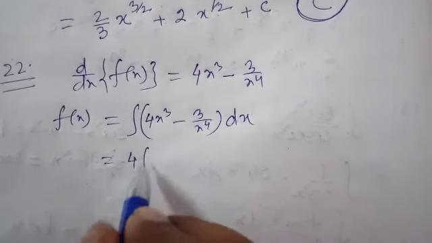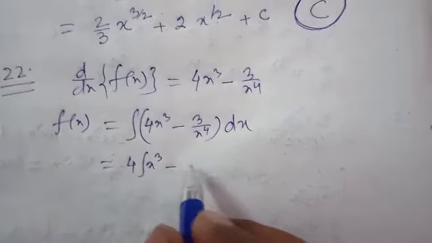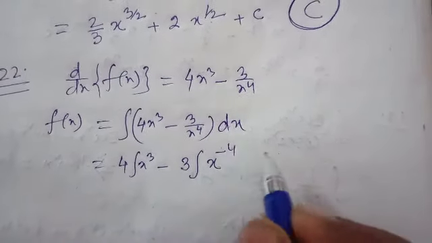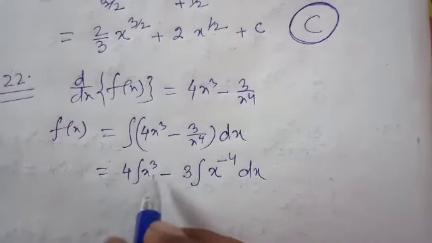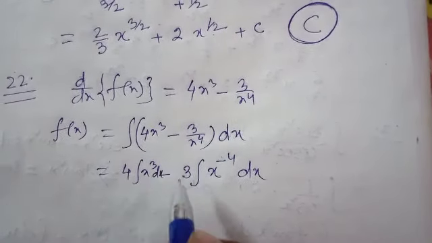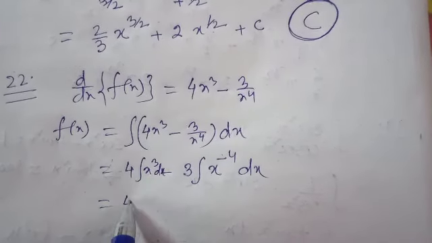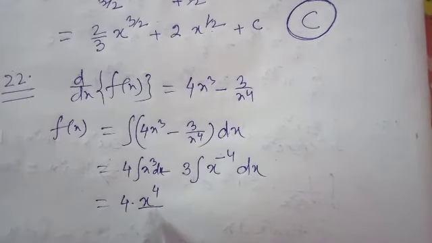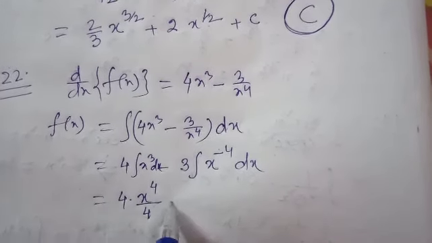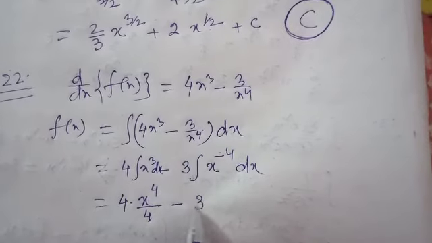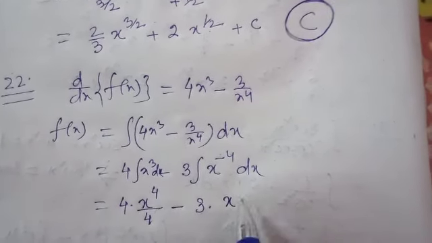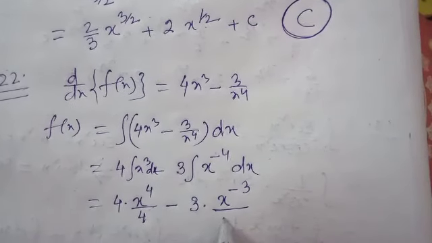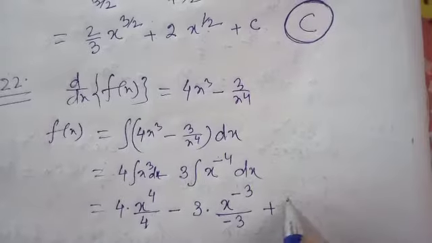Okay, so integration, how do you solve it? First you separate it. Already you know this one, plus always dx here. So 4 into x to the power 3 plus 1, that means 4 by 3 plus 1, which is 4, minus integration of 3 into x to the power minus 4 plus 1, that means x to the power minus 3 by minus 3, plus c.